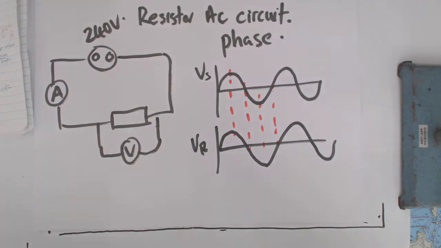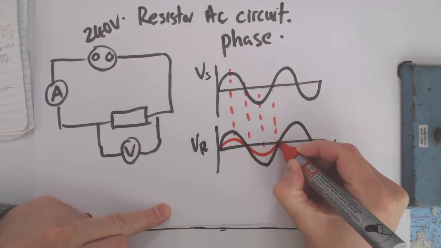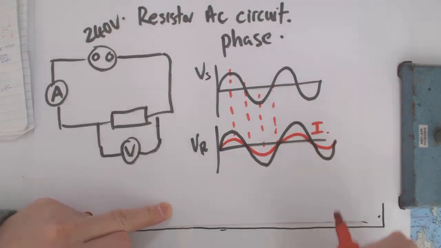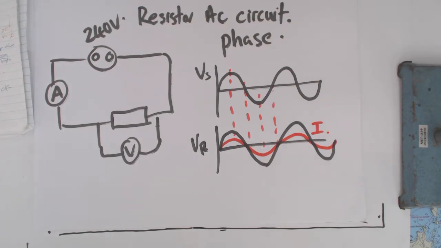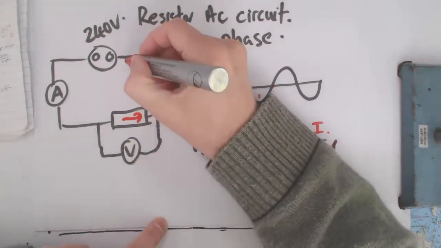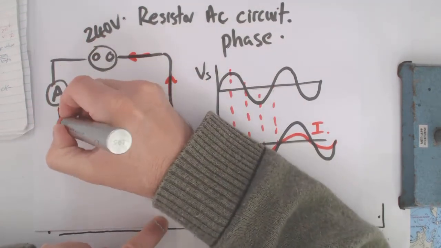So the current, if we put it on here like this as current, then it is in phase with the voltage in the resistor. That's the current in the circuit, by the way, because you can't have a current in the resistor different than the current over here, or over here, or over here.